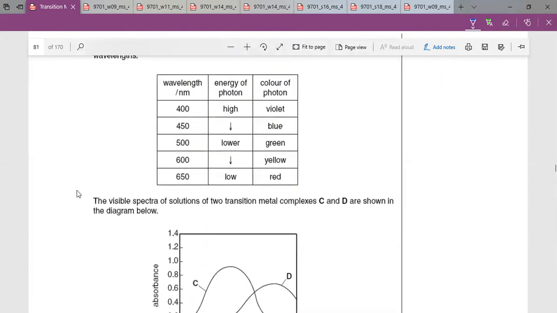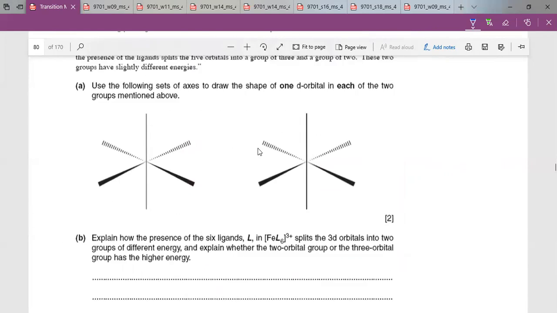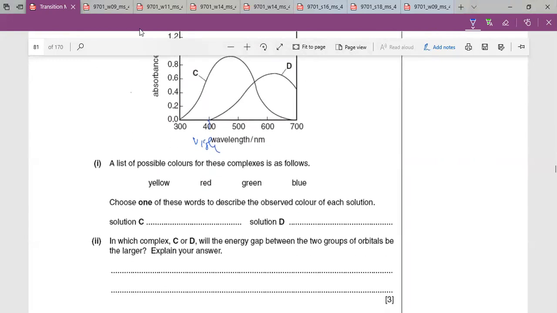Here, violet. And 650 is what? Sorry, 650 is red. Here is red. These are possible colors of these complexes.